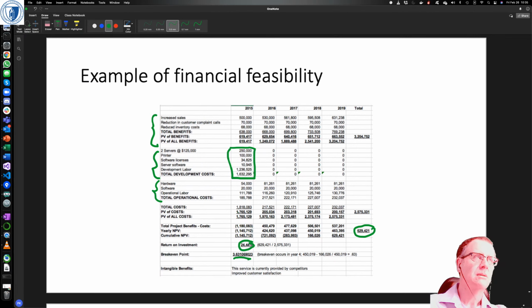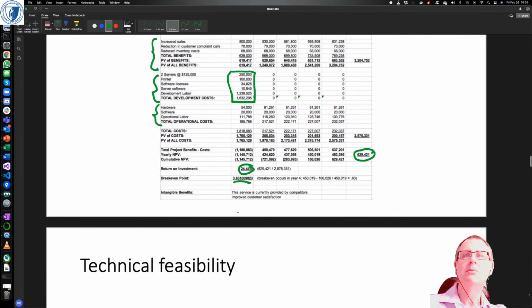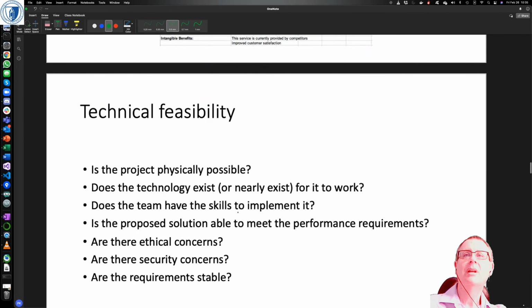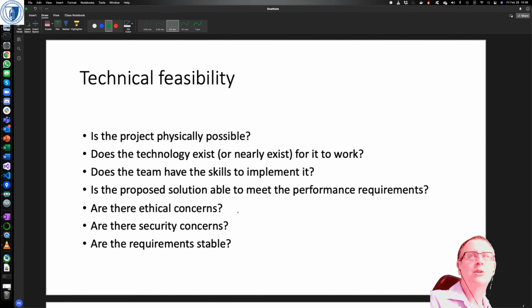And I'm going to go through an example of this with you later on. And then technical feasibility. Is it physically possible? Does the technology exist already? Do we have the skills to do it? Can we do it fast enough? Well enough? Are there any ethics concerns?